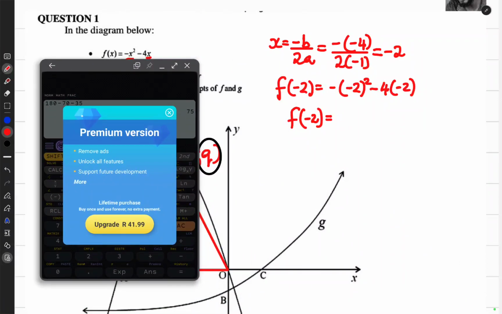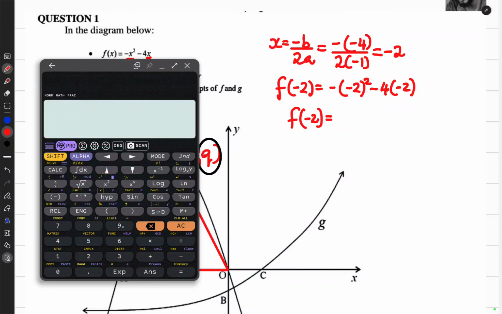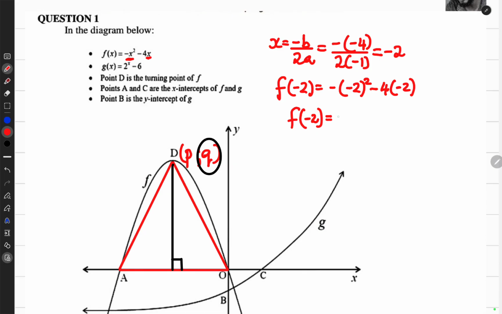So we have negative times negative 2 squared, plus, not plus 4, but plus 8. So there will be 4. So 4 will be the length of the height. That 4 is the height.